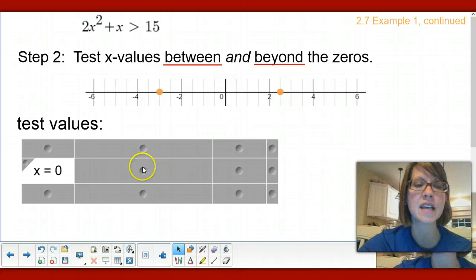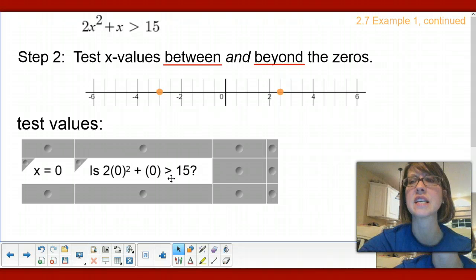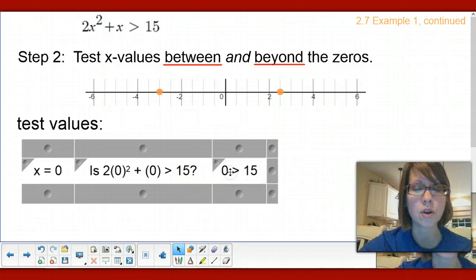We test this in the original inequality, 2x squared plus x is greater than 15. Is 0 greater than 15? No, it's not. So none of the x's in this region between the zeros will satisfy that inequality.